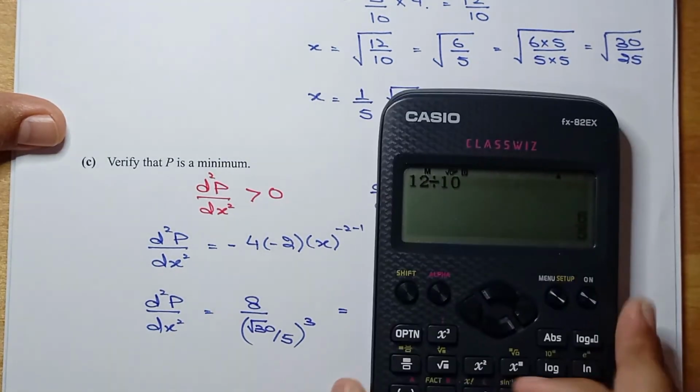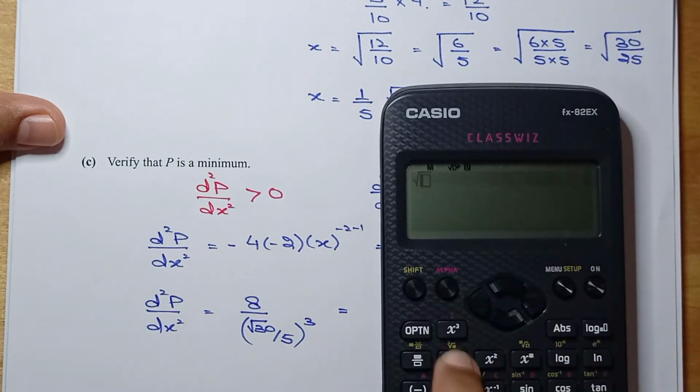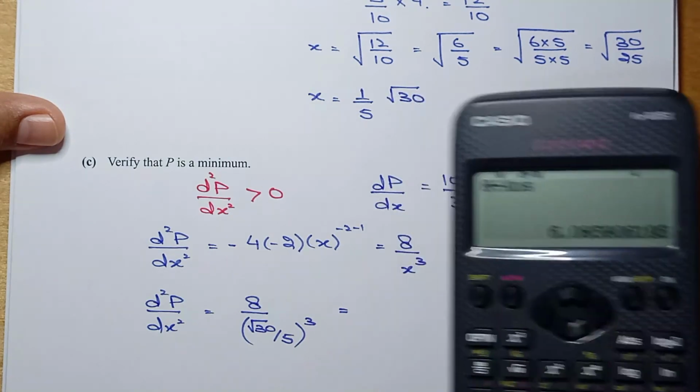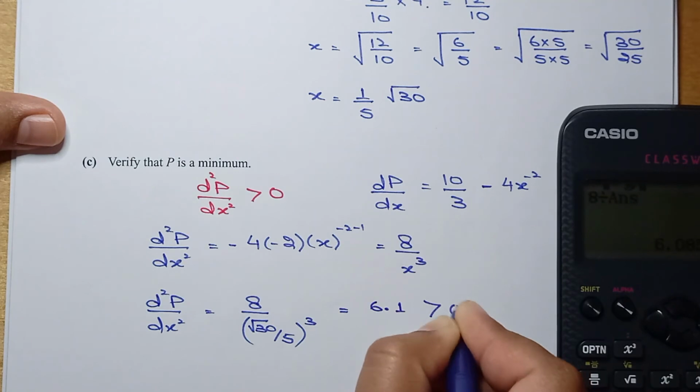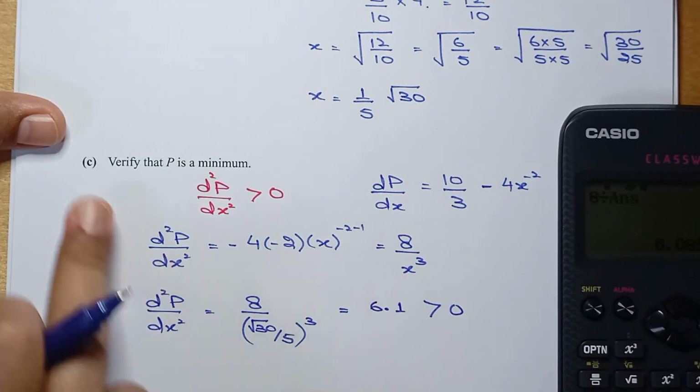If I do it on the calculator, the square root of 30 divided by 5, cubed, and then 8 divided by that answer, this is 6.085, or we can say 6.1, and this is positive. So it is positive, which means P is minimum.